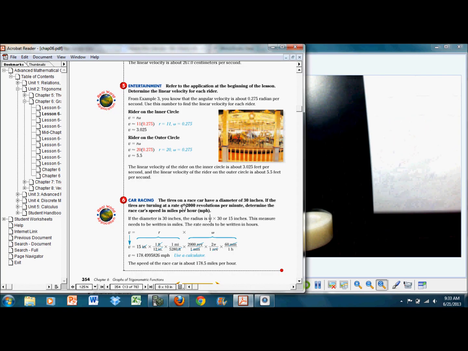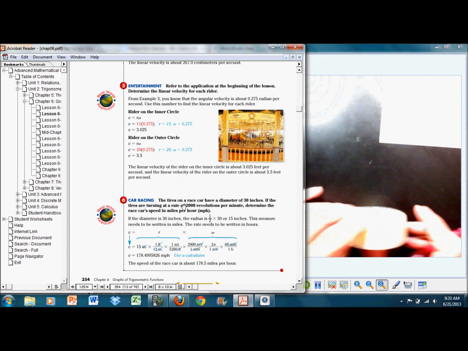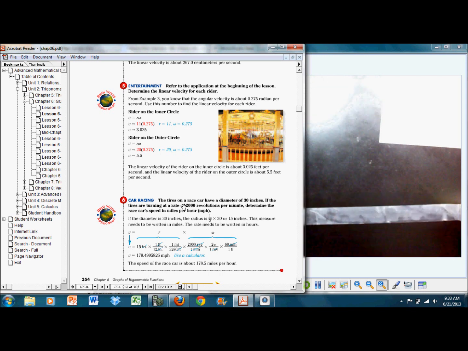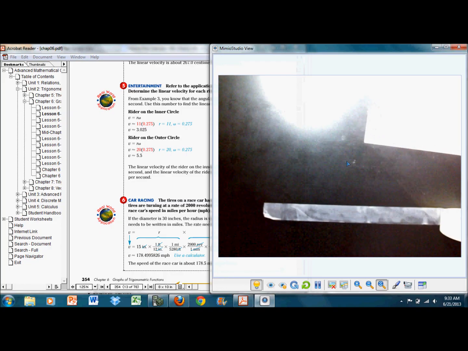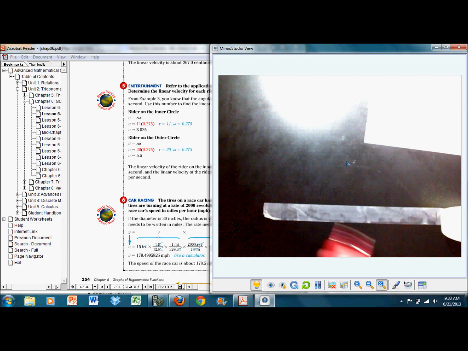And to demonstrate that, I have a roll of tape. Okay, I have a roll of tape, and I'm going to unravel the tape. There we go. And I did one revolution. And what is the distance that it traveled? It actually traveled exactly the circumference of the tape.